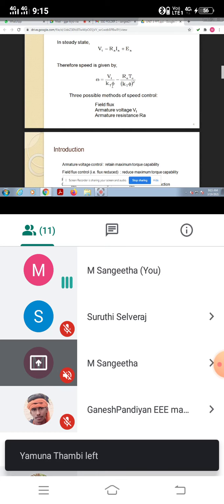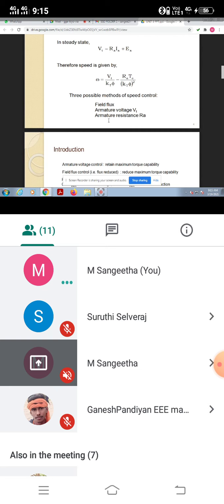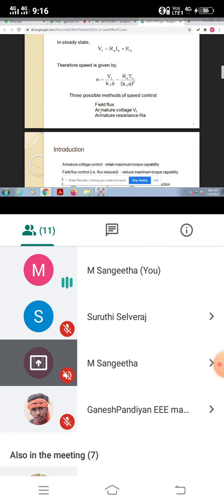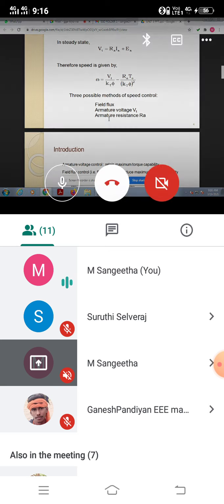So how the field flux, the armature or terminal voltage, and the armature resistance Ra control the speed equation; we must concentrate and calculate how the design will work for these different categories.